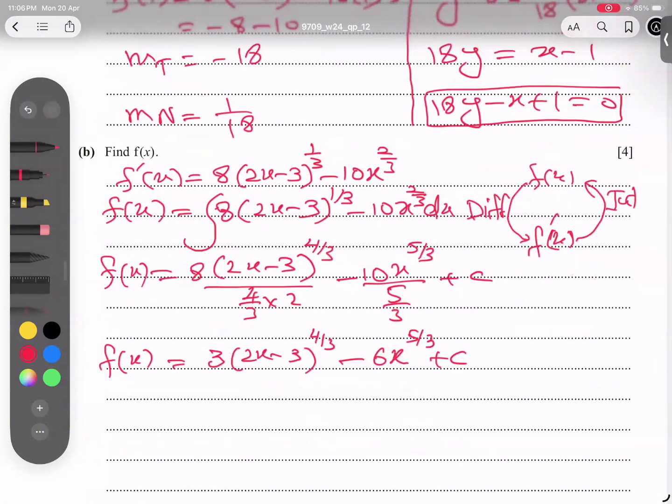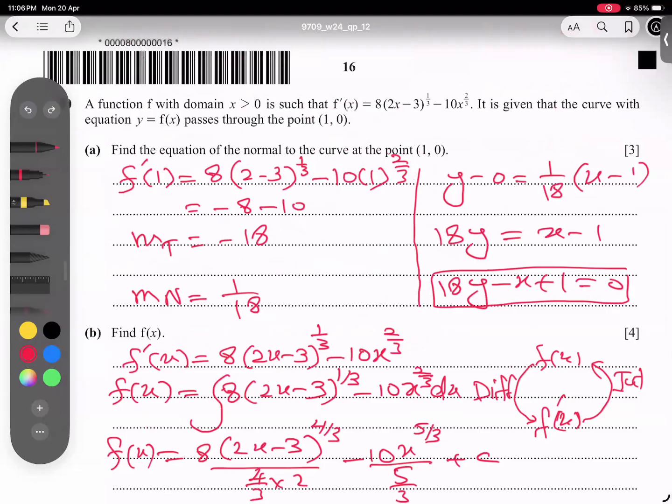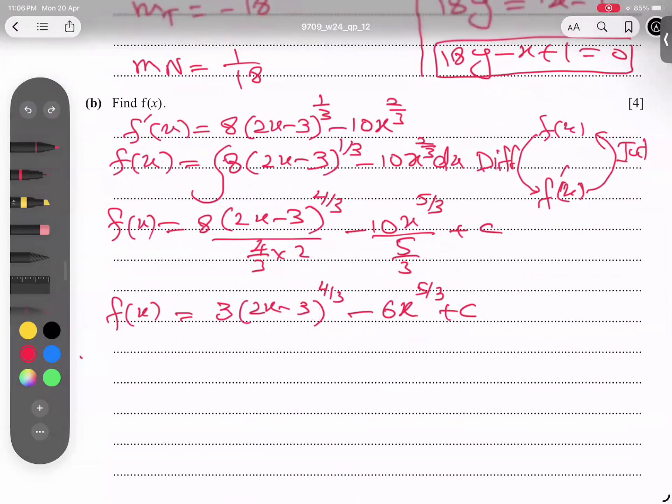Now I'm going to use that point (1, 0). So the left hand side becomes 0. And here I plug in 1 everywhere. When I plug in 1 here, I get 1 minus 3, to the power whatever, and plus c. So 0 equals, this is becoming 2 because 1 times 2 is 2, and I'm getting negative 1.